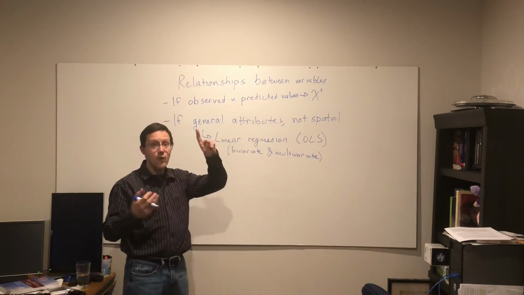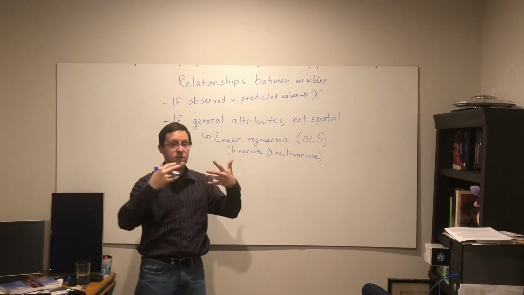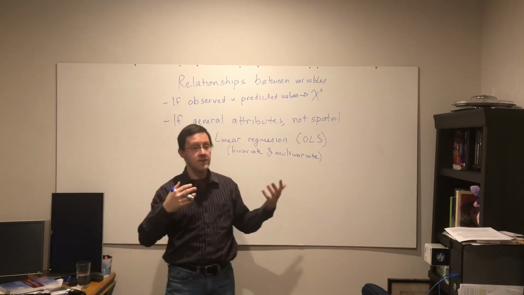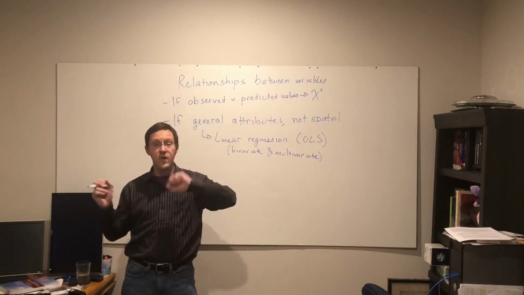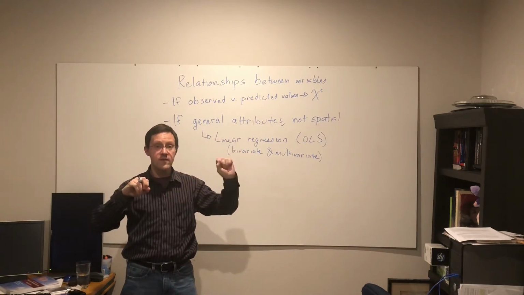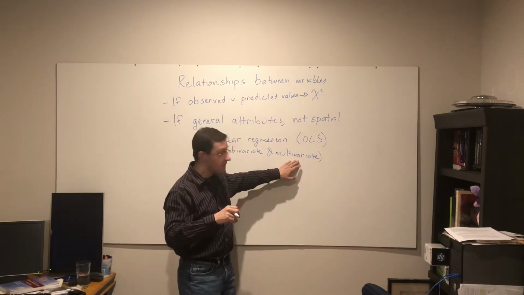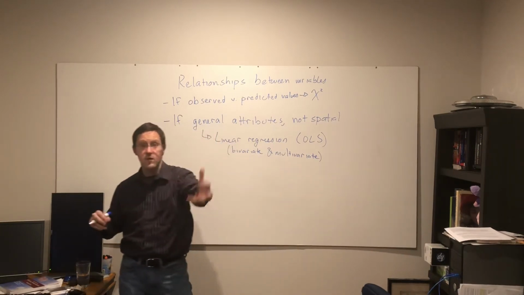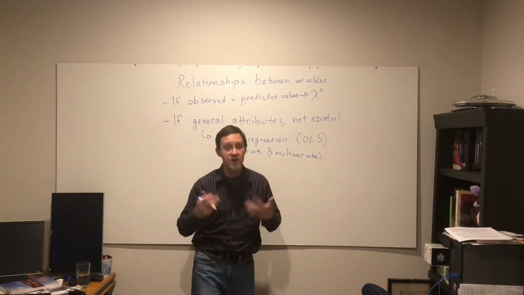We could have one independent variable used to try to understand and analyze one dependent variable. That would be bivariate regression. 2 variables, one independent, one dependent, bivariate. Or many independent variables related together with a single dependent variable. That's multivariate.